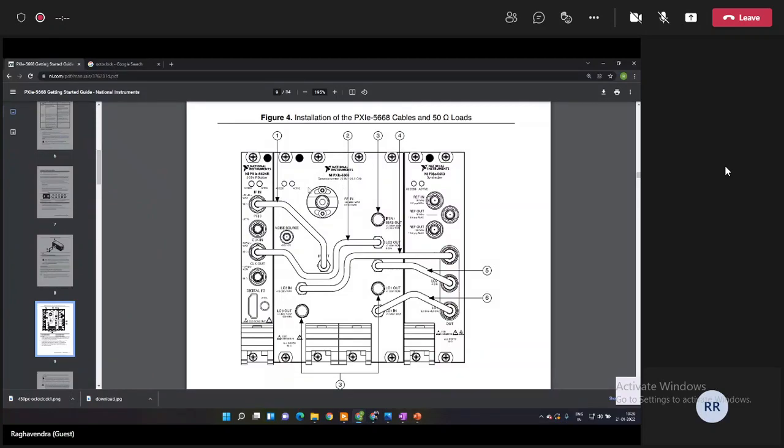Now, NI USRPs are not capable of going above 6 gigahertz. There is only one piece of NI hardware which is capable of transmitting at 7.2 gigahertz. That is the NI X410, and that's also a USRP. It is the only USRP that has 4 RF channels instead of the regular 2.